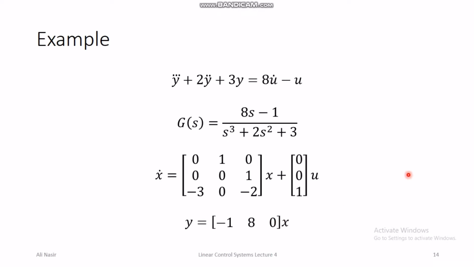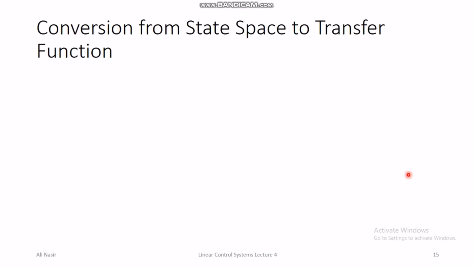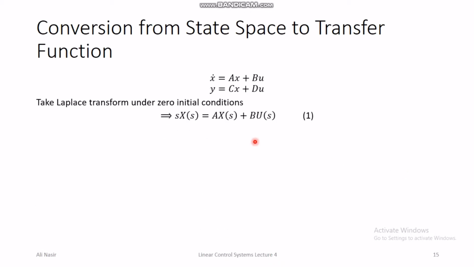So these are the examples, and as we discussed before, you can also convert state space into transfer function. This slide will show you how you can convert state space into transfer function using the Laplace transform under zero initial condition.